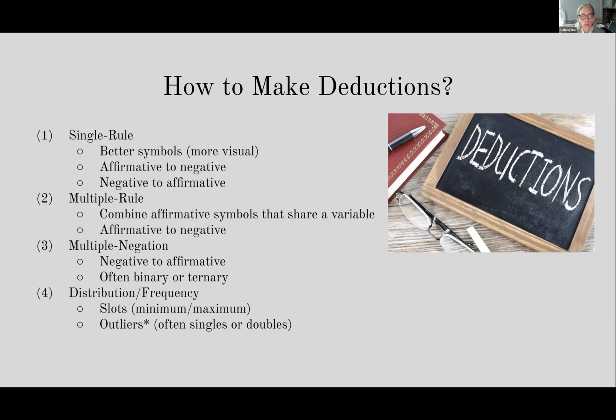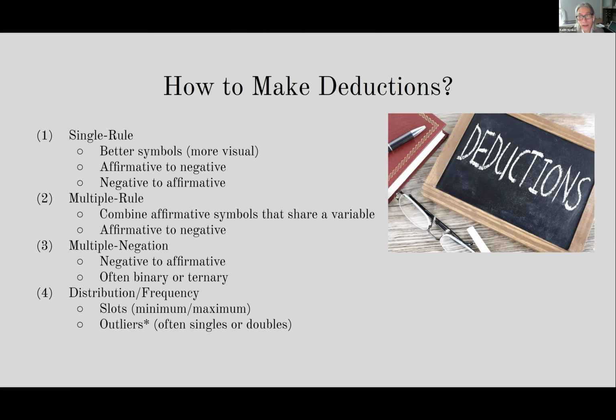If the rule is framed in an affirmative way, it tells me this is the relationship. I try to ask myself, well, what are the negative implications of that? What things would be impossible? Where can the variables not go because of that rule? And I document all the negative deductions.